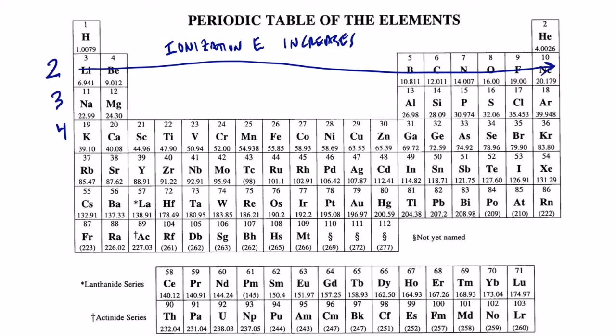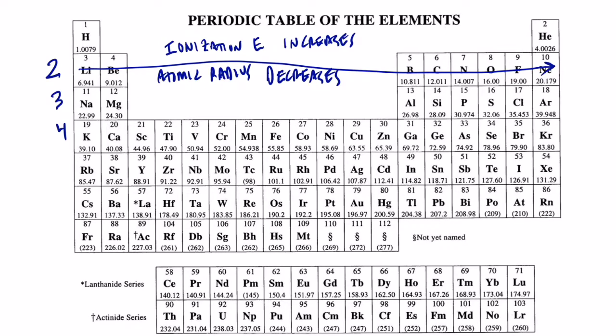Why would it be more difficult to remove an electron from neon than from lithium? That's right, because the atomic radius decreases. So those electrons are being held closer to that positive nucleus, and so they're more difficult to remove.